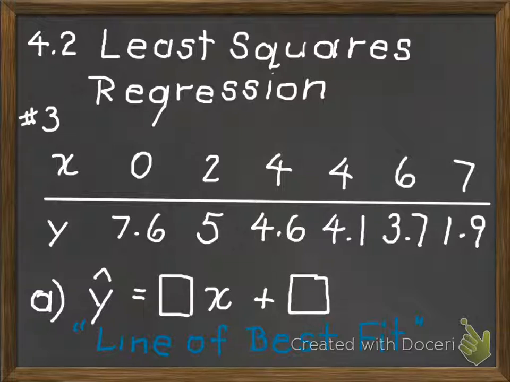So the values that we would find on this line of best fit for part A would be called the predicted values, whereas the data in the table that you see here, those are the observed values. That's the actual data. But we can get a line of best fit to make predictions about the scatter plot.